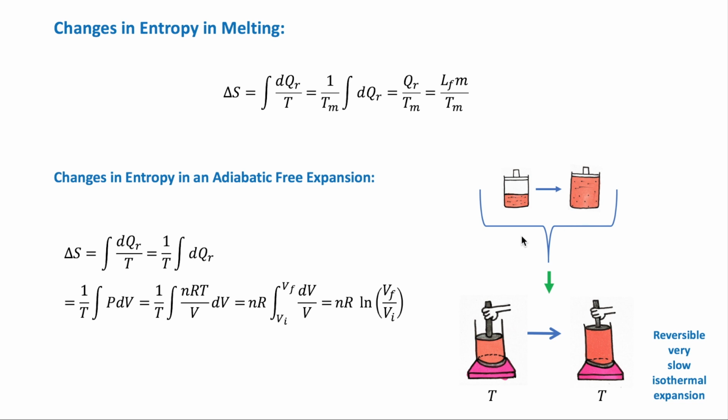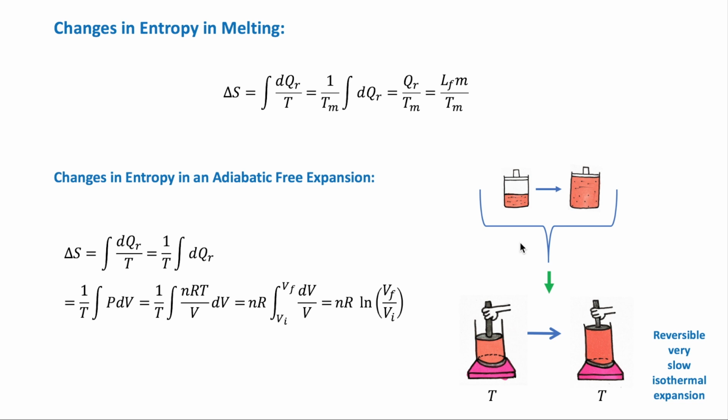And this means that delta E internal is equal to 0, and so the initial E internal is equal to the final E internal. And since in an ideal gas the internal energy depends only on temperature, it follows that the initial temperature is equal to the final temperature.